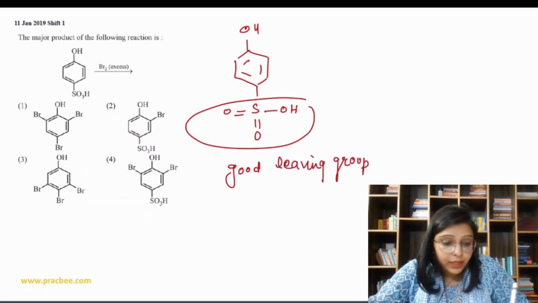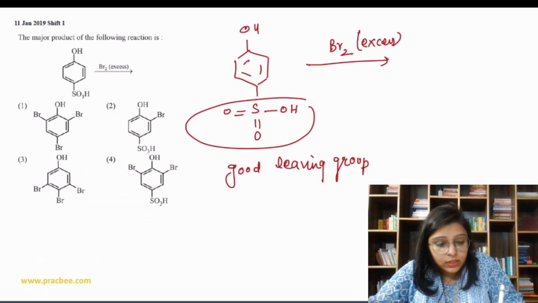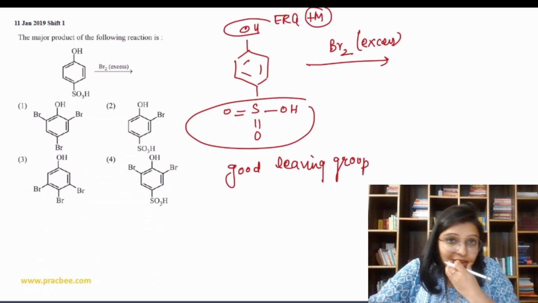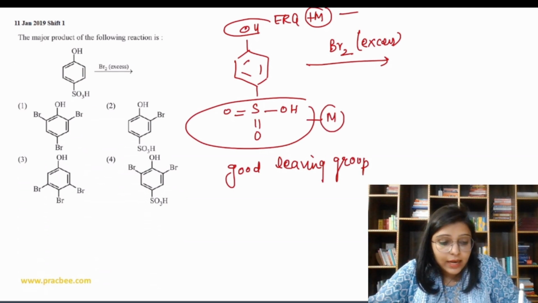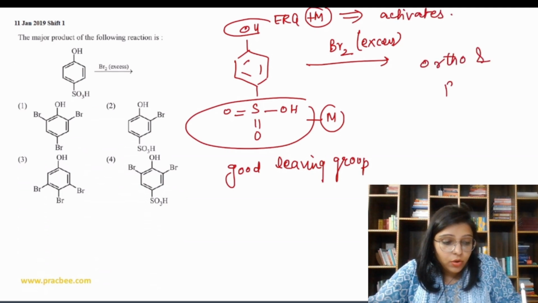So we have Br2 in excess. So see, this is an electron releasing group. This shows plus M effect, right? This shows plus M effect, but this shows minus M effect. So this activates the ring. So if this activates the ring, we get ortho and para directing. Ortho and para directing. Para position is occupied, right?